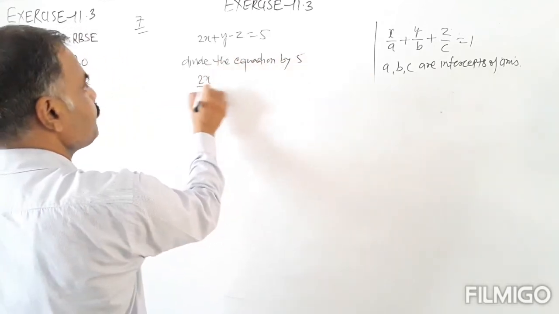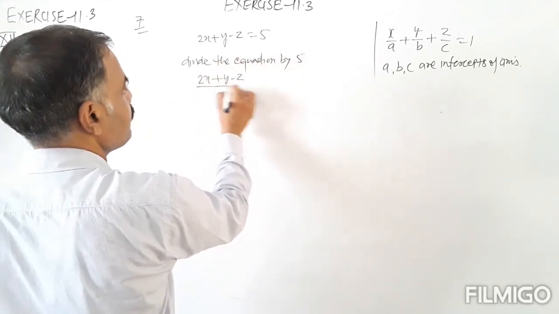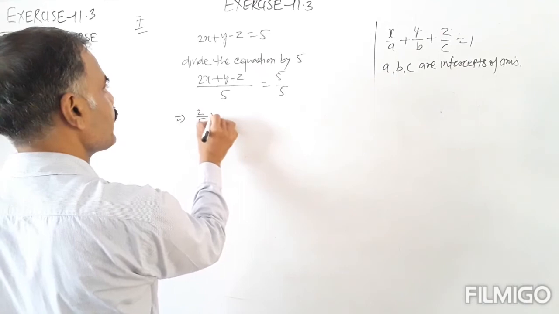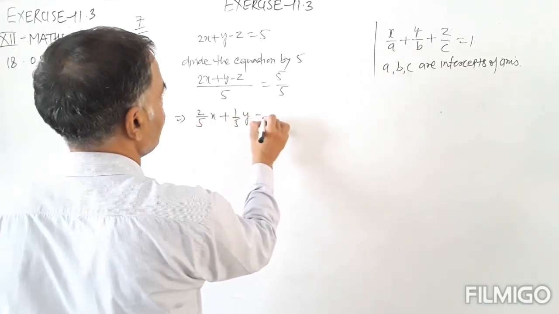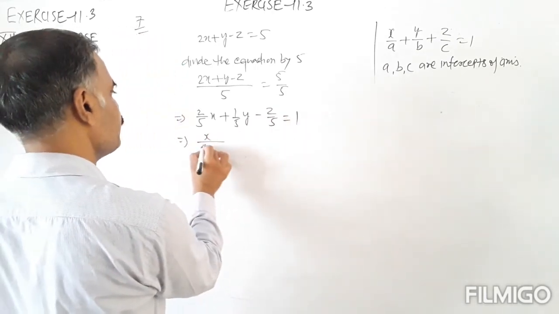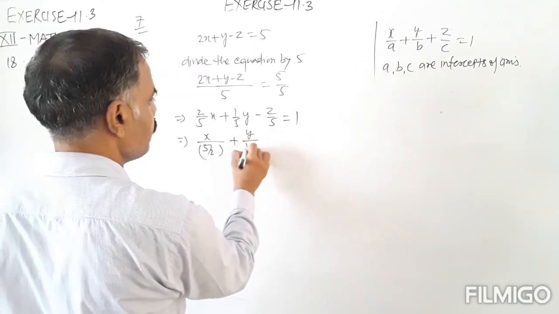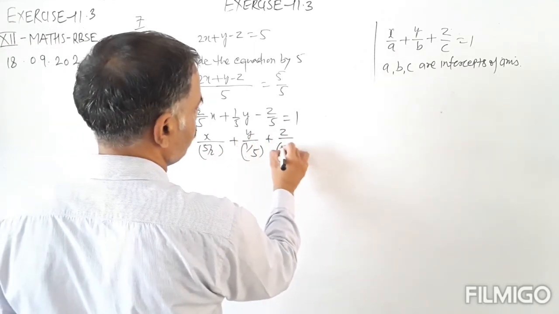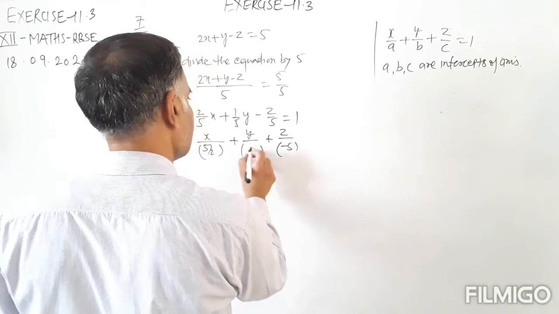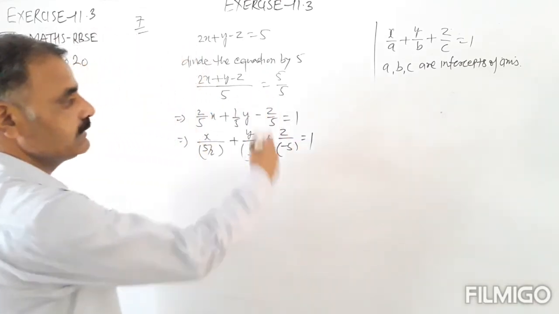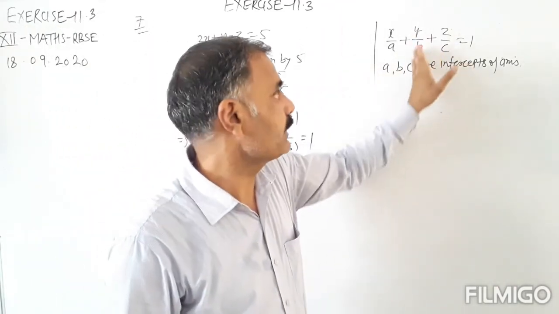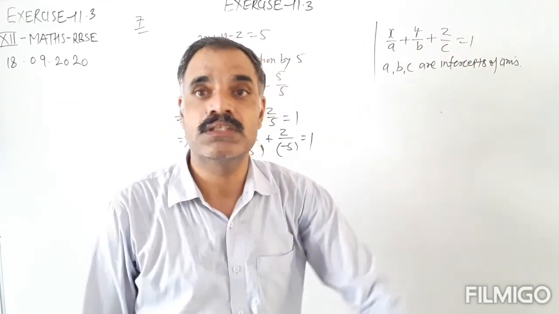We are having 2x plus y minus z upon 5 equals to 5 upon 5, means 2 upon 5 x plus 1 upon 5 y minus z upon 5 equals to 1, or this can be written down as x upon 5 upon 2 plus y upon 1 upon 5 plus z upon minus 5. Okay, so after converting this plane in intercept form, we have to compare this equation with x upon a plus y upon b plus z upon c is equals to 1.